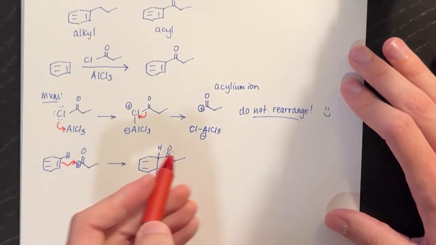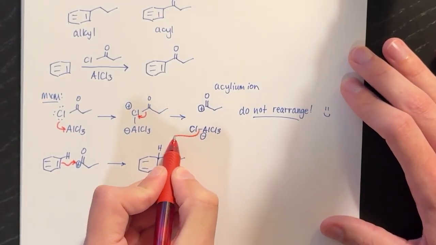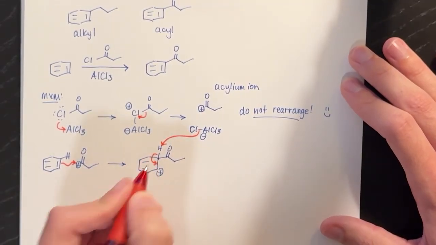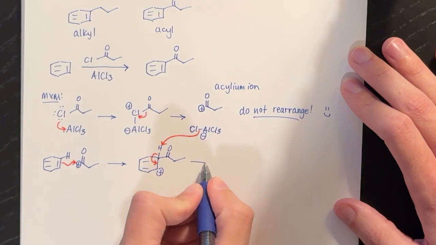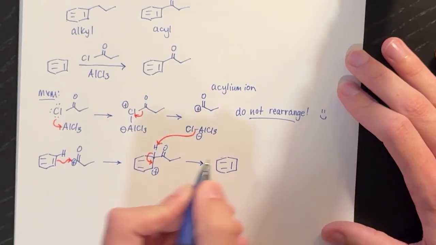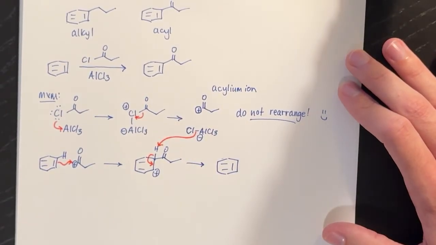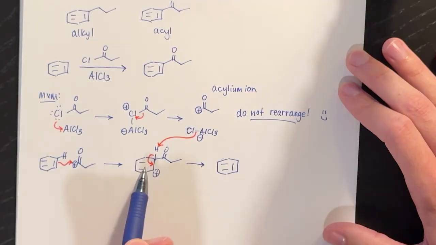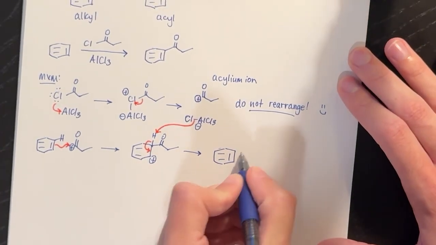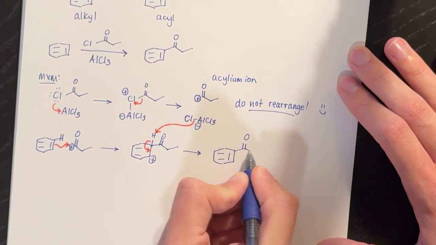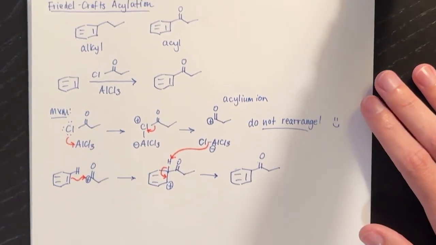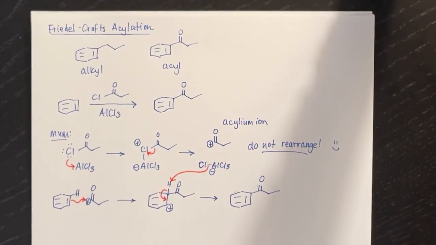And this keeps being very convenient how I draw the metal catalyst right next to it. Of course, that's dangerous. If you don't end up having this AlCl3 thing next to this molecule when it's time to do the elimination, you'll need to draw it again. But our product for that reaction is going to be that nice straight chain ketone or acyl group that we were originally hoping to get on the last page.